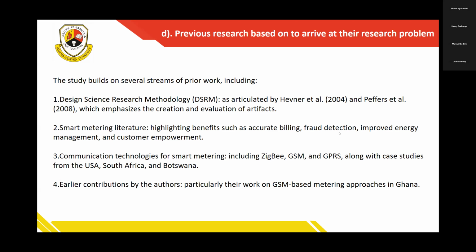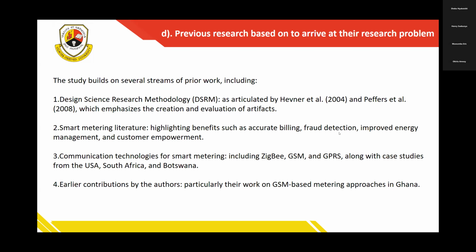Secondly, we looked at the literature of smart metering. Here, we looked at the benefit of having accurate billing, in case the meter is local but has been given the capability to communicate with the server. The service provider was able to receive real-time consumption in terms of units, what the customers are using, and even fraud detection. According to the research, it showed examples where real-time feedback from the meter showed the trend of consumption of the utility.